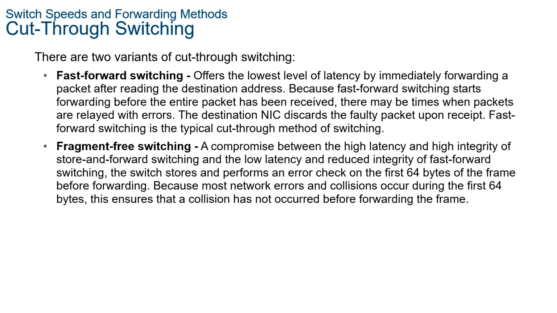The reason fragment-free switching stores only the first 64 bytes of the frame is that most network errors and collisions occur during the first 64 bytes. So fragment-free switching tries to enhance fast-forward switching by performing a small error check on the first 64 bytes of the frame to ensure that a collision has not occurred before forwarding the frame.